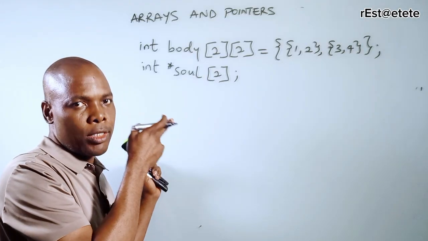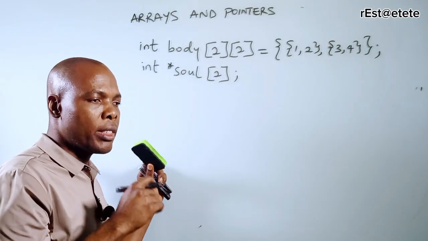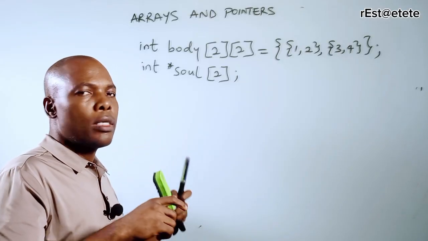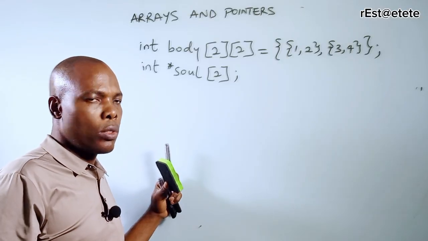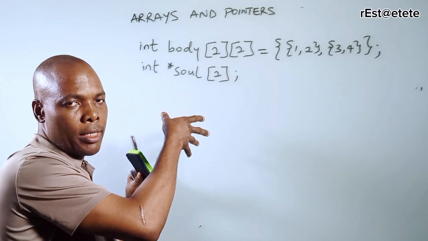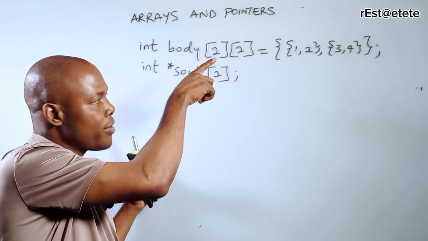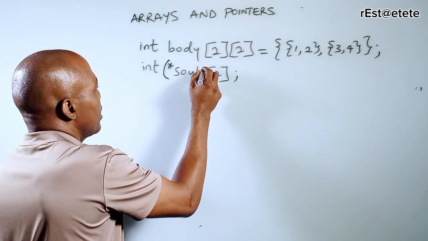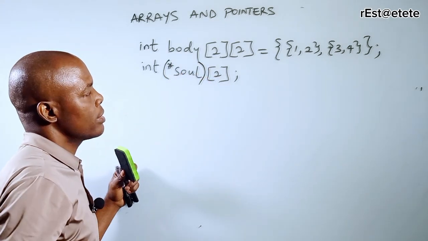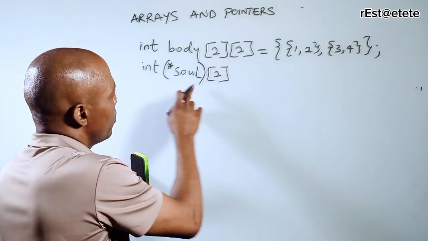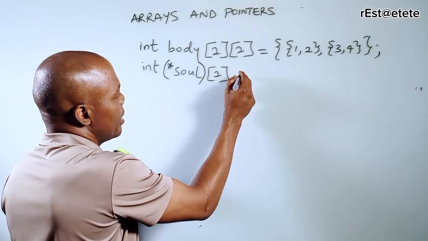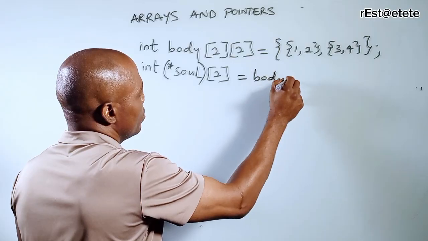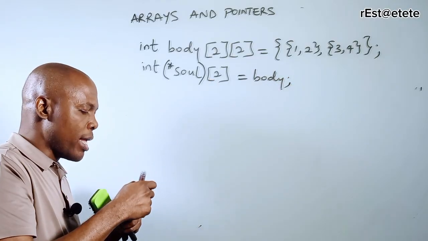So this syntax is not correct. What I want is, I want to point to a basket that contains 2 fruit, because that is what my array declaration is telling me. So to achieve that, I have to put this into parentheses. So when I put this into parentheses, then I assign body to it. So this is my pointer declaration.